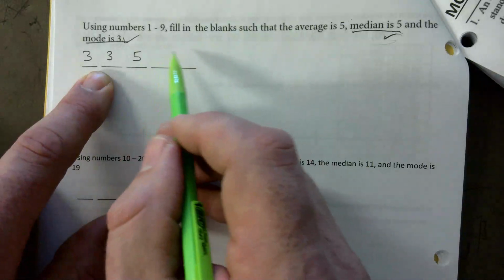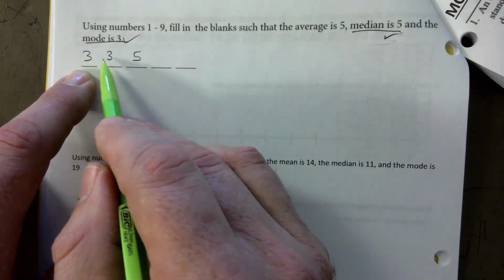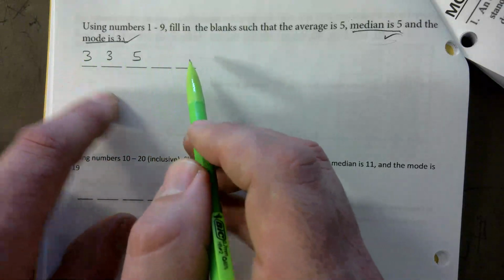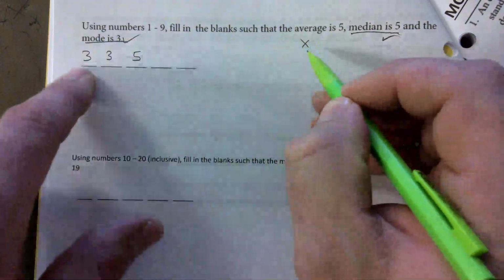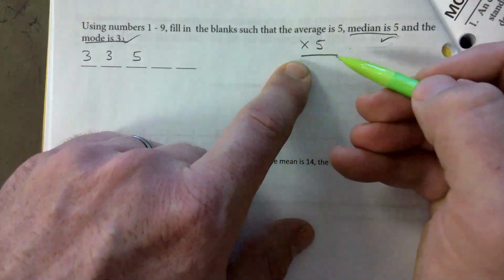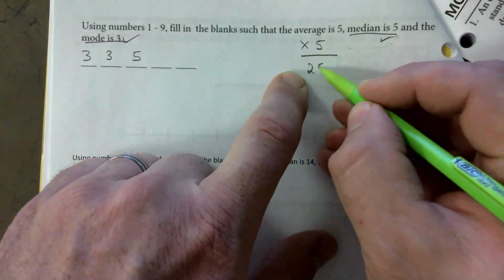And then you need your average. So you need to fill this in. The way to do it is to figure out what all the numbers should add up to. You take your average and multiply it by the number of spots that need to be filled, because to get the average, we divide by the number of values. So it's 5 times 5, which is 25.